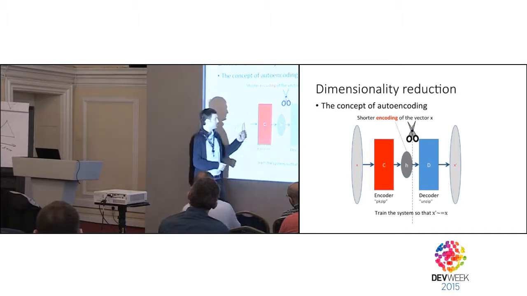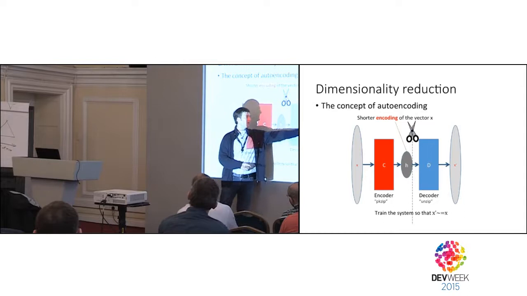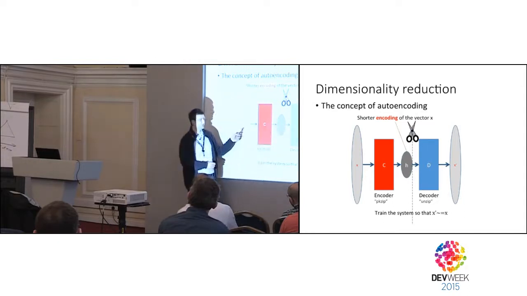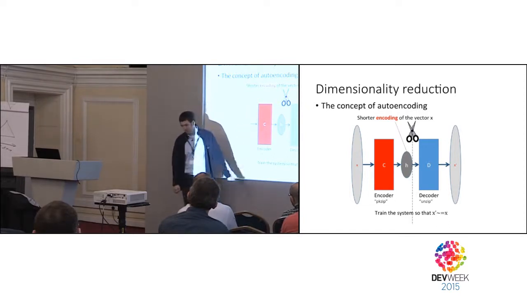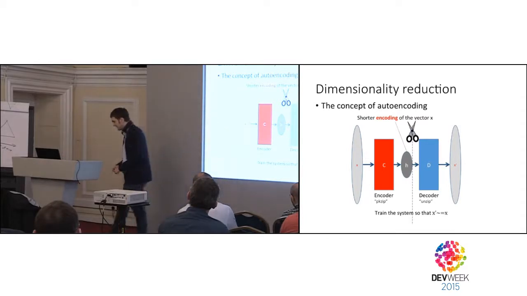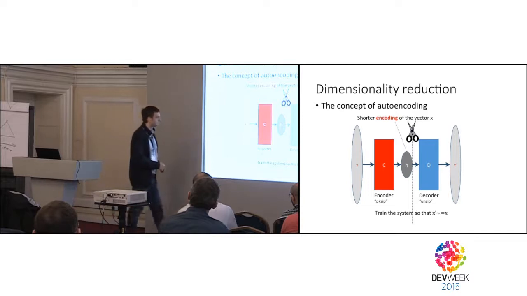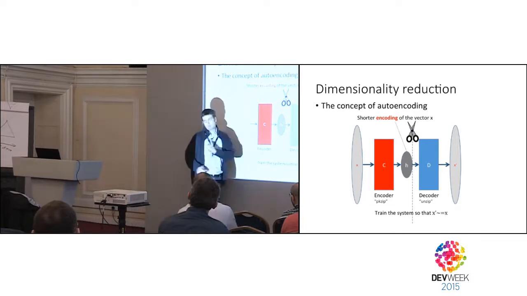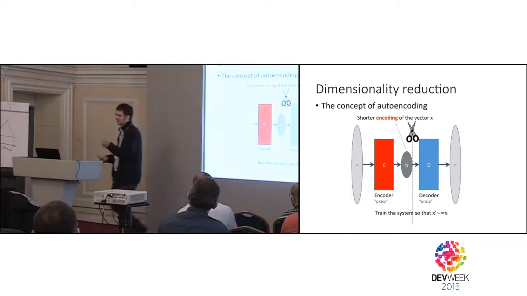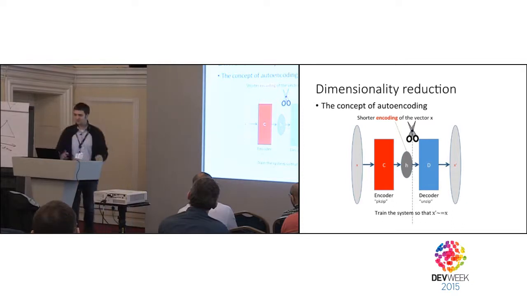Since the desired output must match the input vector, the system would not be able to capture that noise. I will explain it maybe after the session. There are different approaches to handle that.